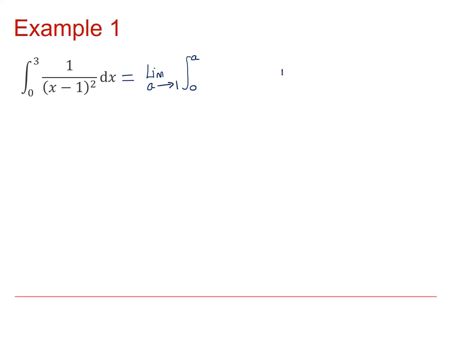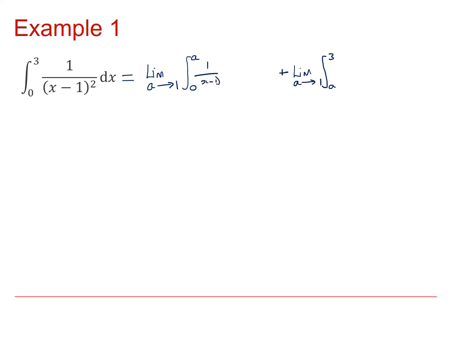And then I'm going to have a second part to this, which is also going to be an integral, but between a and 3. In other words, the rest of it. And again, looking at what happens as a tends to 1. Well, we'll just fill in the bits for that.